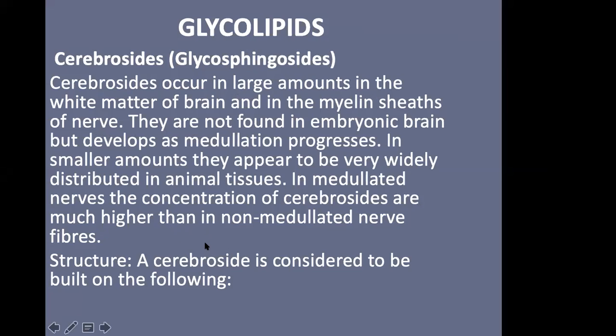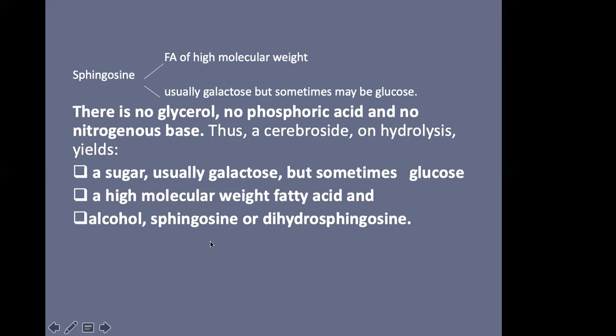A cerebroside consists of the following, as we discussed in the last lecture: it is composed of sphingosine, a fatty acid of high molecular weight, and one other unit which is galactose, and sometimes the other unit is glucose.